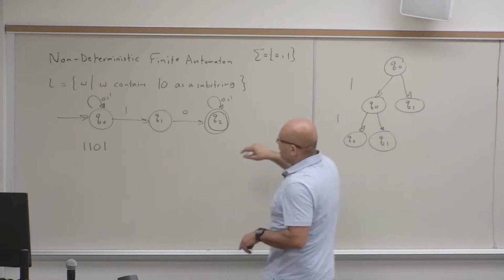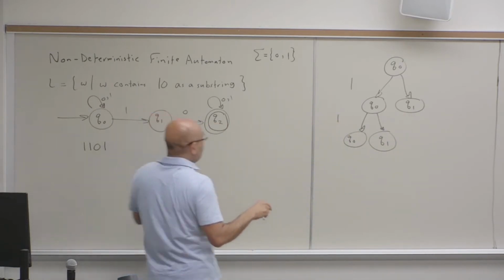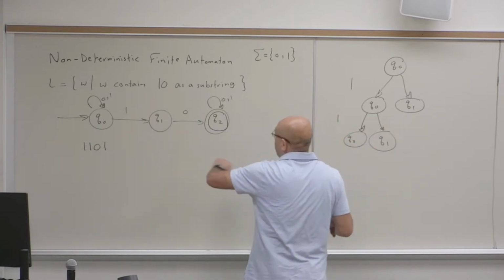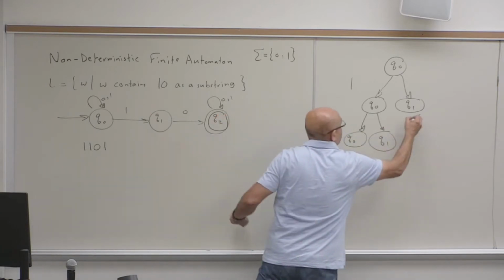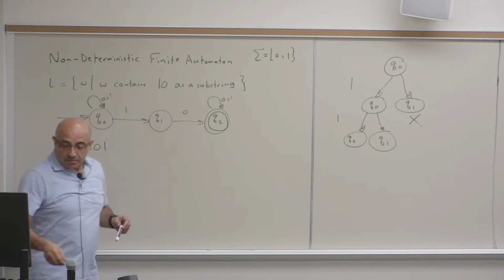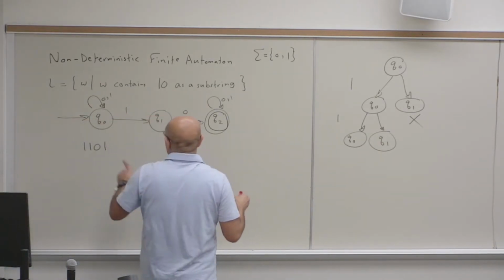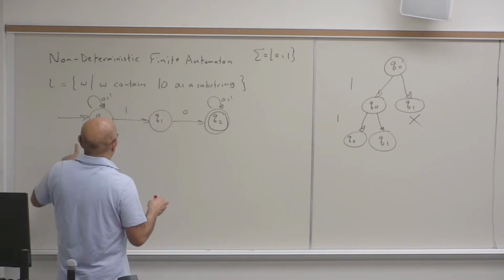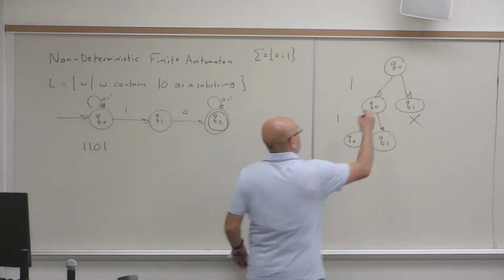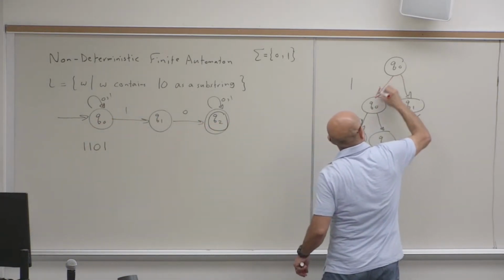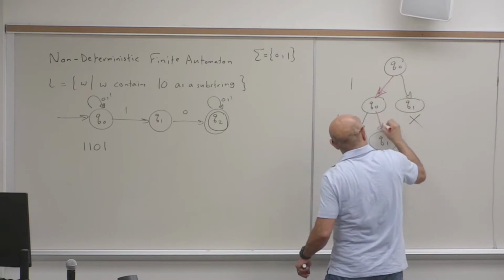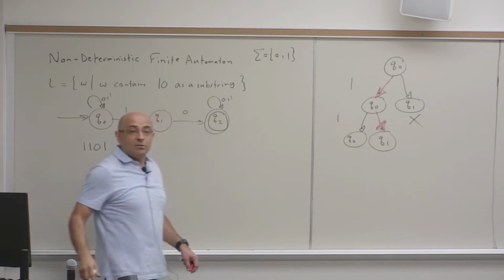With Q1, if I get a 1 when I'm in Q1, this is going to dead end. So you did this in your head and you said, okay, I'm trying to get to an accept state, and this is the path in red here that's going to lead to an accept state.